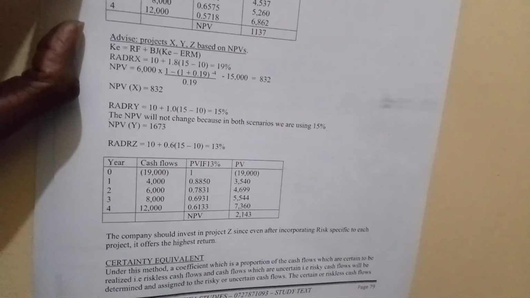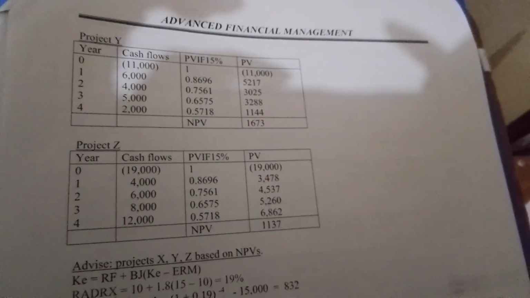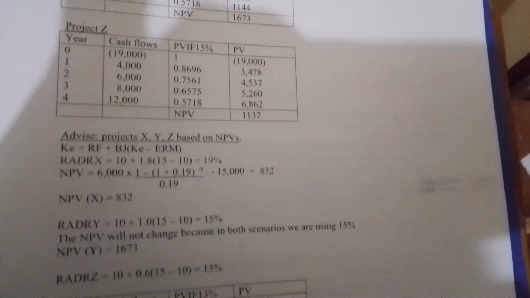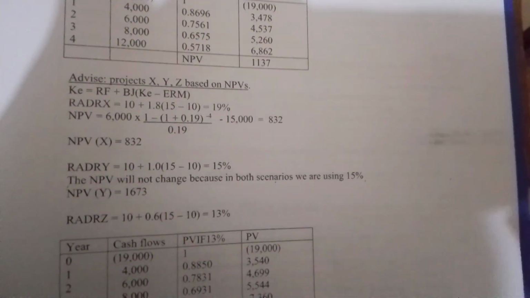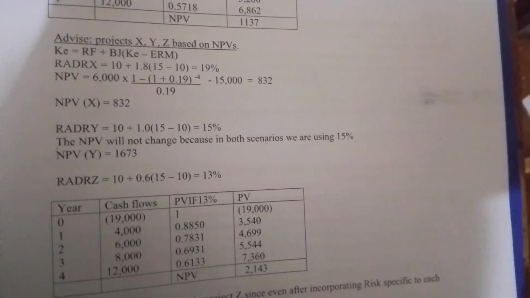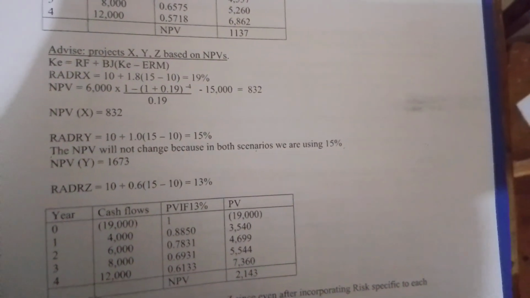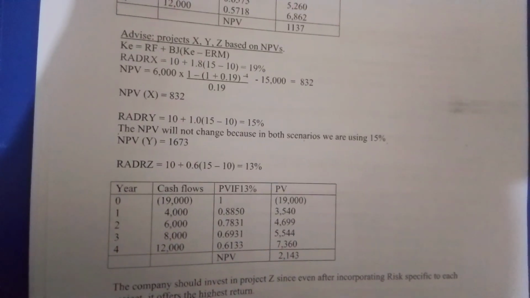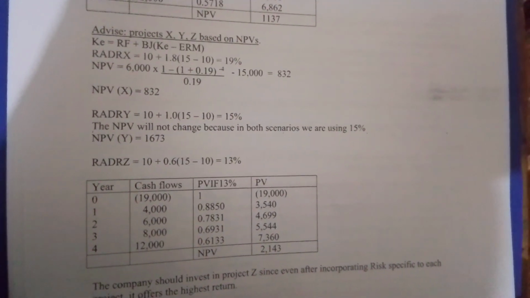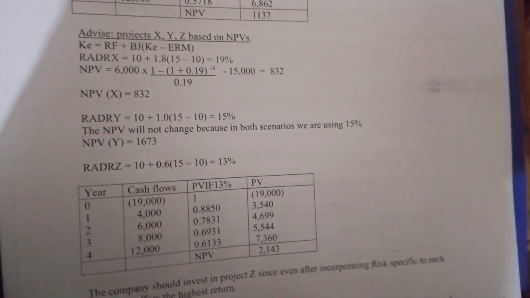So we can leave it at that point. I believe I have assisted you to understand how to calculate the risk-adjusted discount rate. Have in mind that you should first calculate the cost of equity using CAPM.